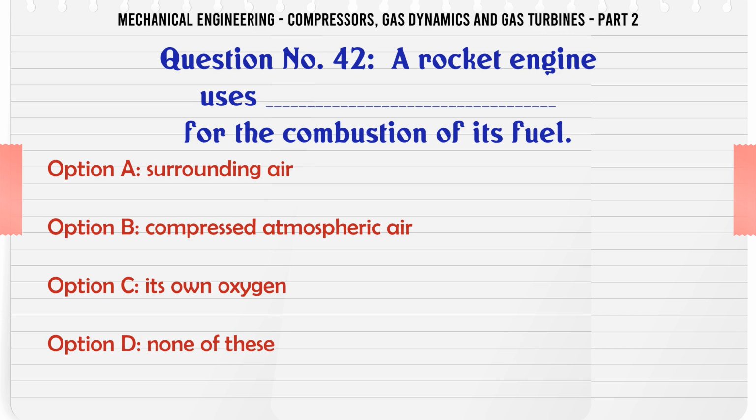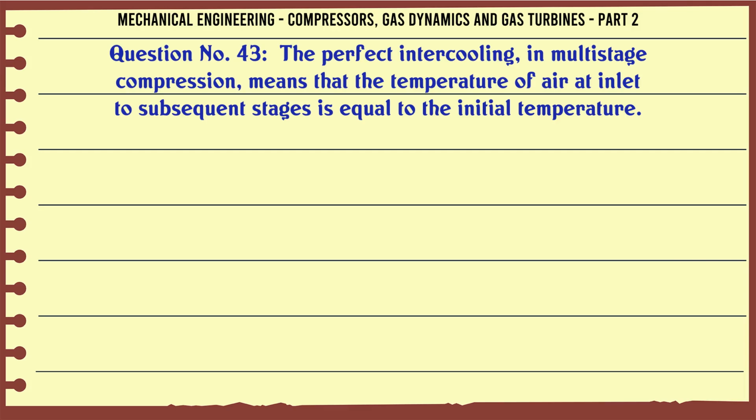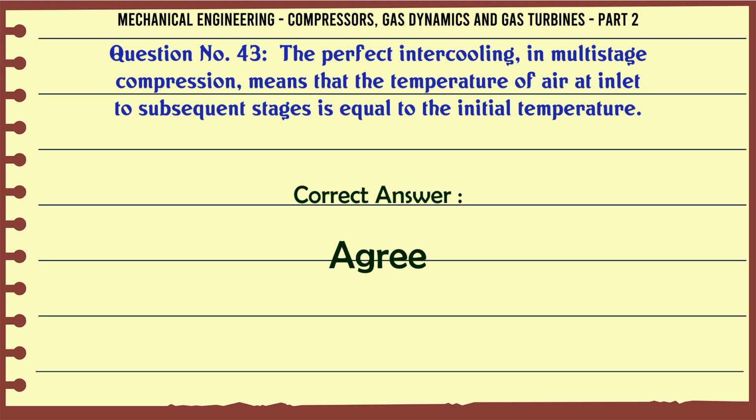The correct answer is its own oxygen. The perfect intercooling in multistage compression means that the temperature of air at inlet to subsequent stages is equal to the initial temperature. A. Agree, B. Disagree, C, D. The correct answer is agree.